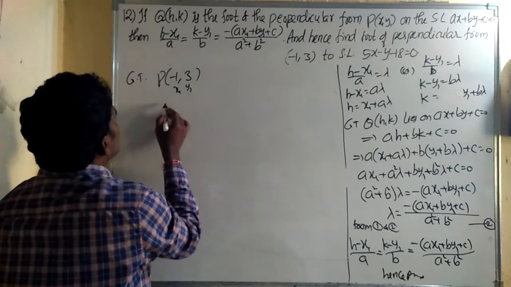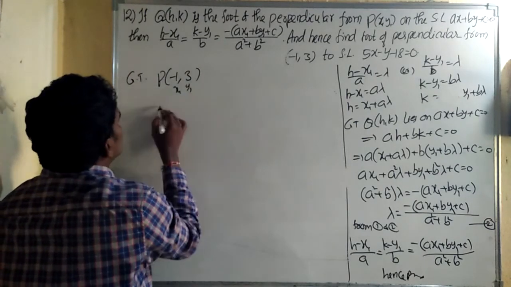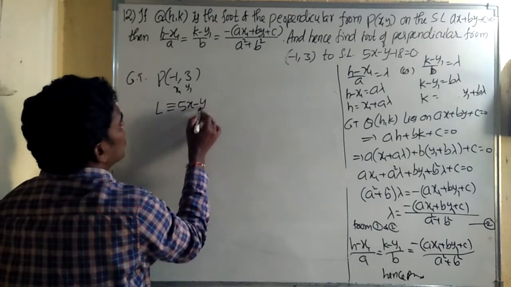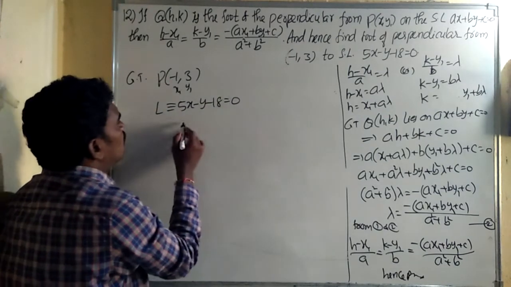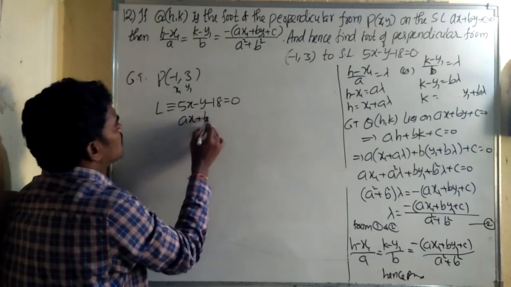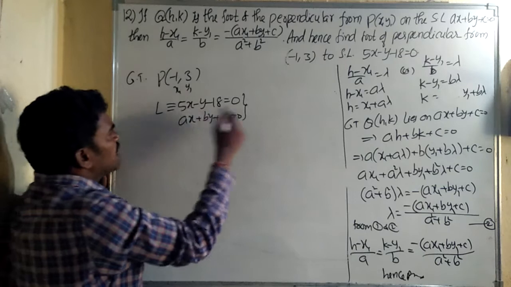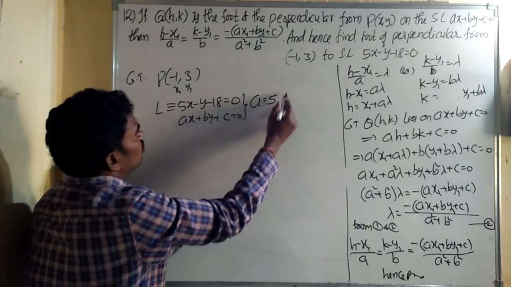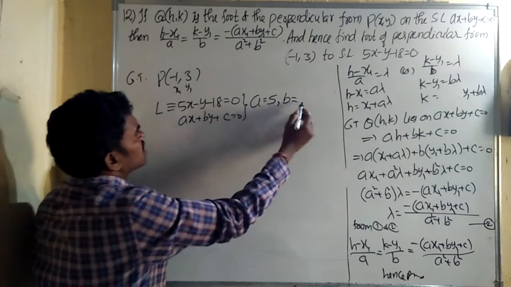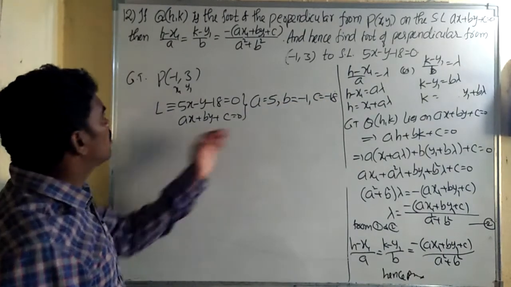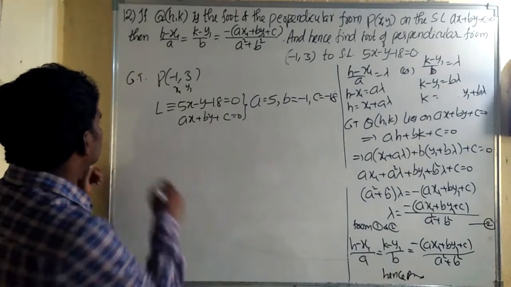Next, what is the straight line? L is 5x minus y minus 18 equals 0. Compare with the general equation ax plus by plus c equals 0. What are the values? A equals 5, b equals minus 1, and c equals minus 18.